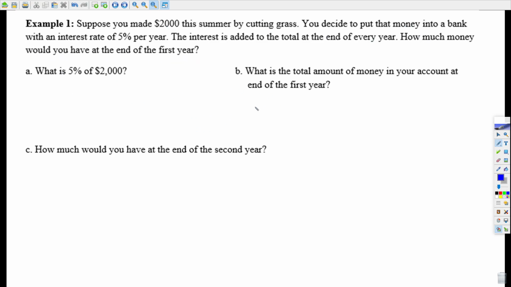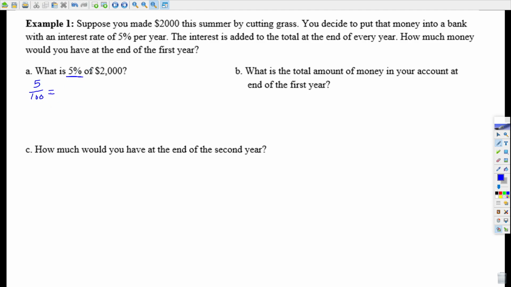This is also going to take you through the steps on how to do that between A and B here. First, we're going to calculate what 5% of 2,000 is. If you remember how to deal with percentages, one way to change this to a decimal is to do one of two things. The long way is to take the percent, and 5% means 5 out of 100, so you could divide that.